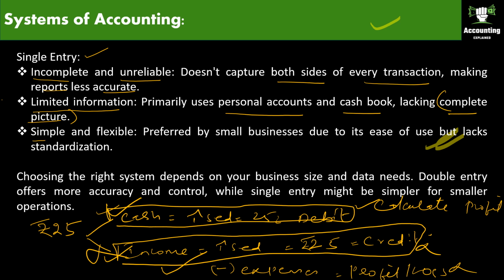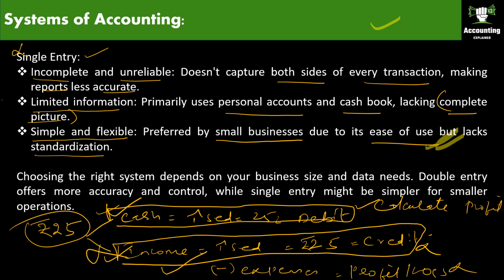Again, the advantage we can say is that single entry is simple and flexible. It is preferred by small businesses due to its ease of use but lacks standardization. So when you follow single entry, it is okay for a tea shop, but when you go for bigger companies like a computer manufacturing company or any big organization like a car manufacturing company, you cannot follow single entry.